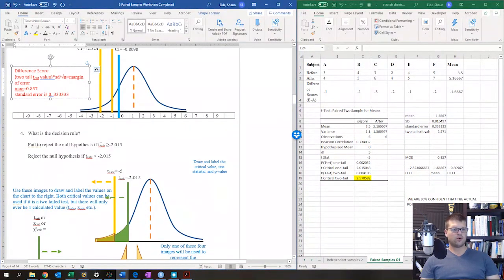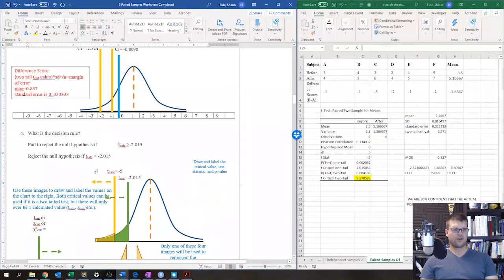The decision rule, we're using the t-crit value. The t-crit value, which is negative 2.015, and since it's a one-tailed test, we're going to fail to reject the null hypothesis if t-calc is greater than or equal to negative 2.015.